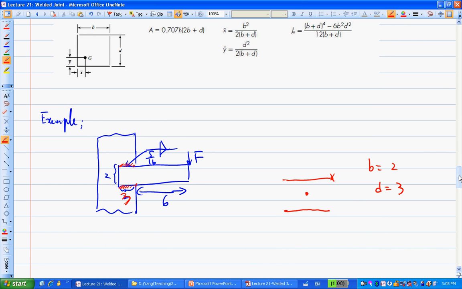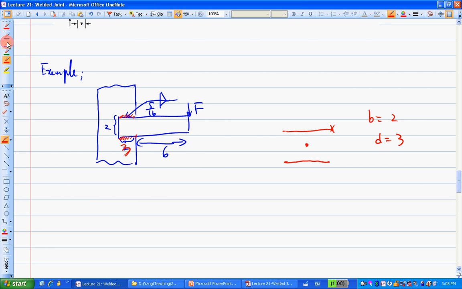So let me use this one for example here. Now let's calculate. Suppose that we don't know the F. We'll keep F as an unknown value here. So first of all, what's the V? V equals F. And then what is the T value? F times how much?